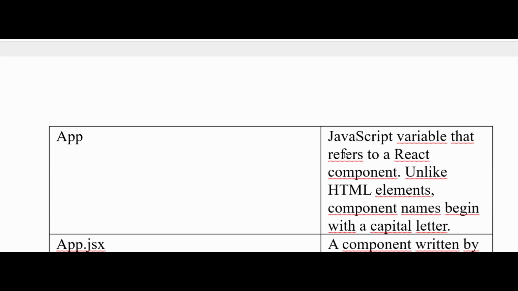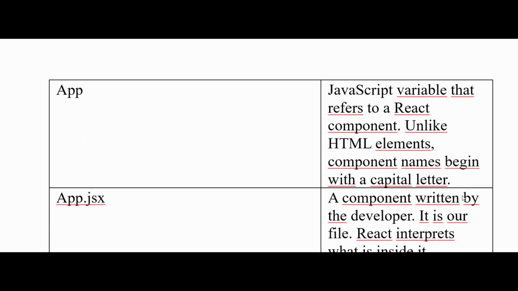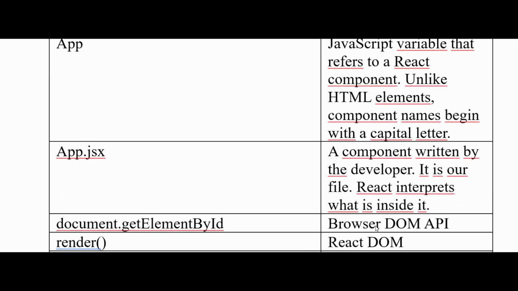App is a JavaScript variable that refers to a React component, unlike HTML elements. Component names begin with a capital letter. App.jsx is a component written by the developer. It is our file.